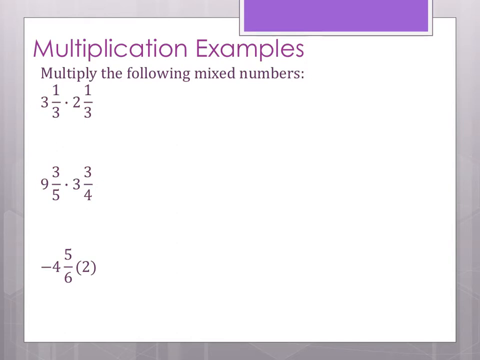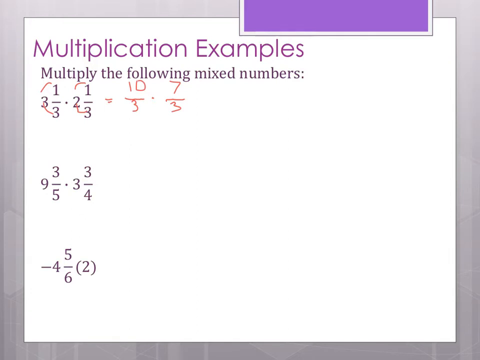The first example I have here is 3 1/3 times 2 1/3. So we'll start by writing out what those equivalent improper fractions are, because we're always going to have to convert to improper fractions first. So let's start with the first one. 3 times 3 is 9, plus 1 is 10, so that's my numerator, over my original denominator of 3, times 2 1/3. 3 times 2 is 6, plus 1 is 7, so that's my numerator, denominator of 3.